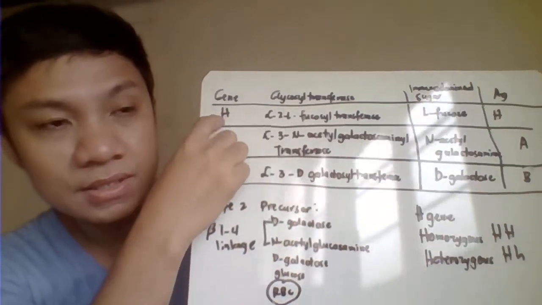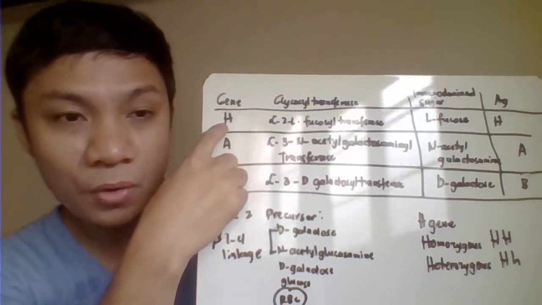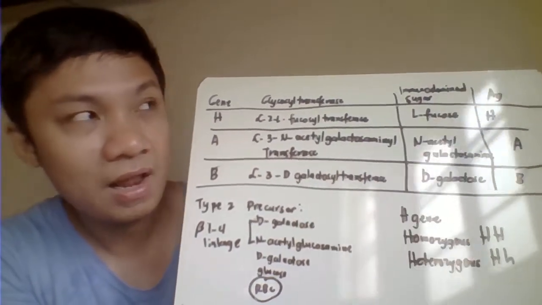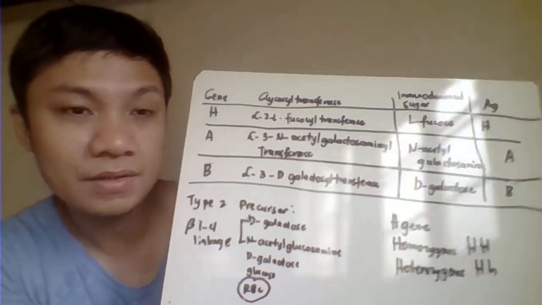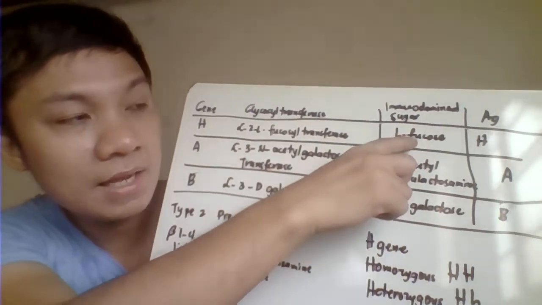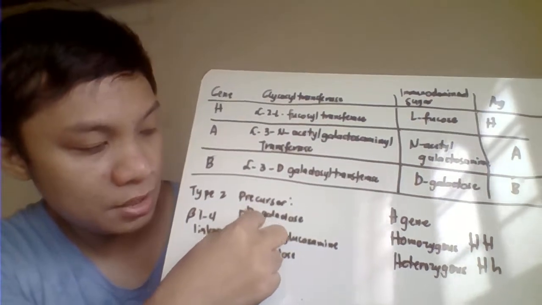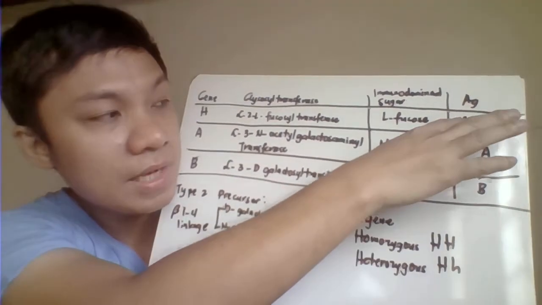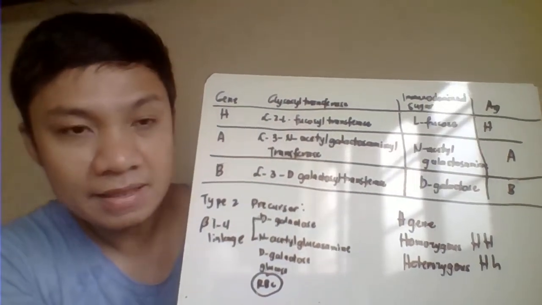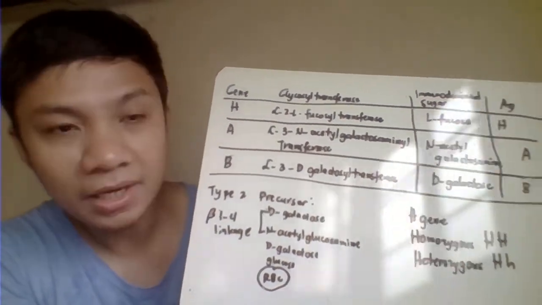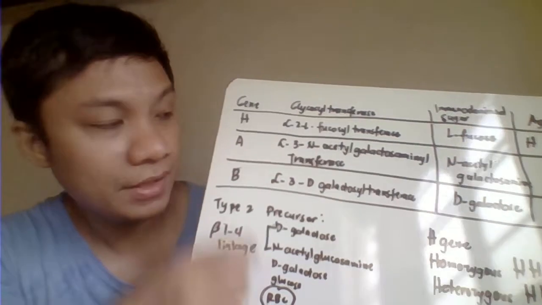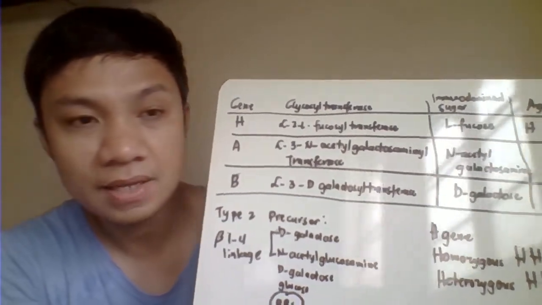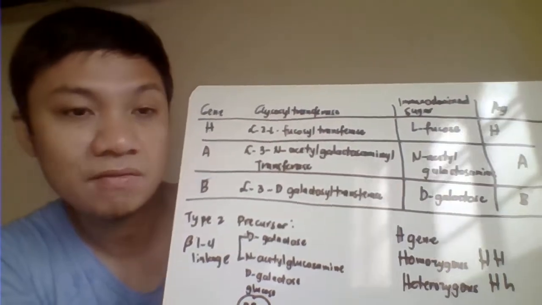So, our H gene tries to code for the production of the enzyme alpha-2-L-fucosyl transferase, which adds L-fucose to our terminal D-galactose at the very end so that you can produce H antigen. On the other hand, the A gene tries to code for your enzyme N-acetylgalactosaminyl transferase.